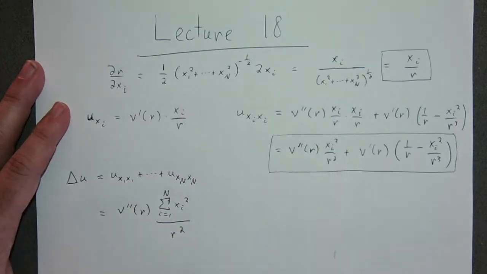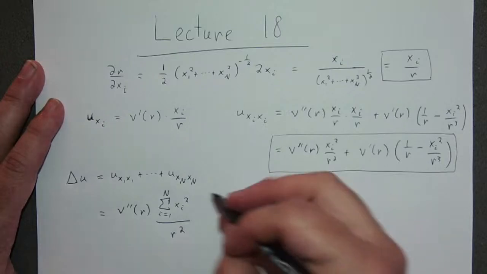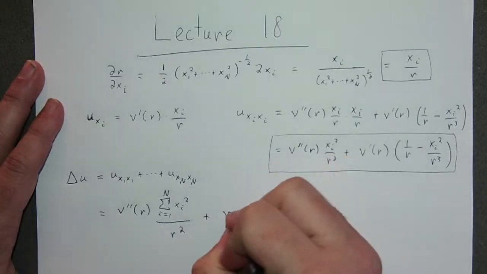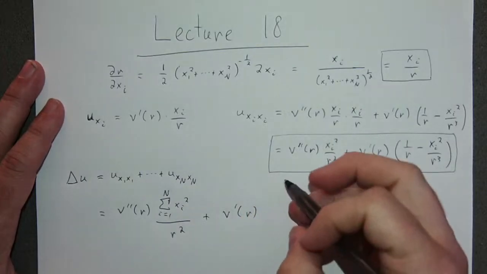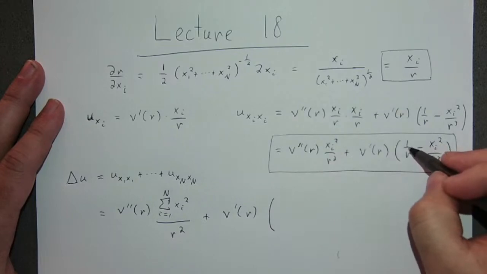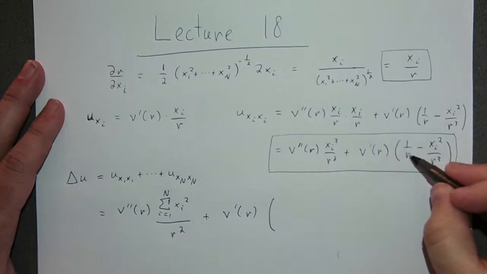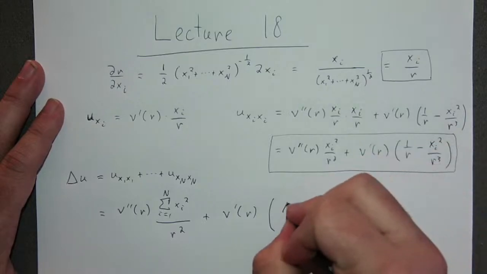Again, r doesn't depend on i here, so I can pull it out of the sum. Plus v prime of r times summing 1 over r from 1 to n, so there are n copies of this, so this would be n over r.